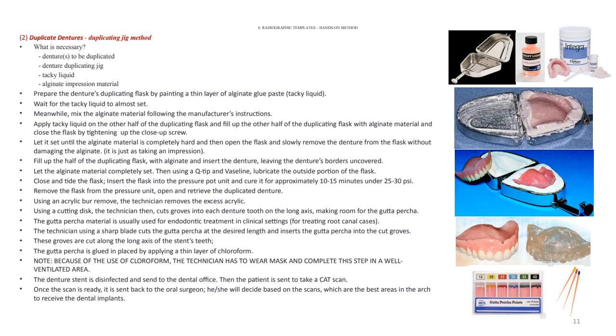So we apply the gutta-percha on each of the denture teeth, or how the doctor asks us to design where to place them for the implants placement. Once we finish placing the gutta-percha, the radiographic stent is finished, it can be disinfected and sent back to the patient and used for the CAT scan.